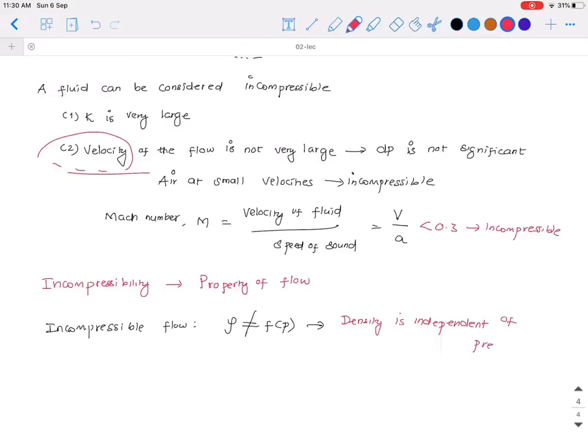So density can change with respect to temperature, but density is not a function of pressure. Then we say the flow is incompressible. So when we say incompressible flow, we are not saying density is constant. That is not correct. Density need not be constant. It's only that density is not a function of pressure.